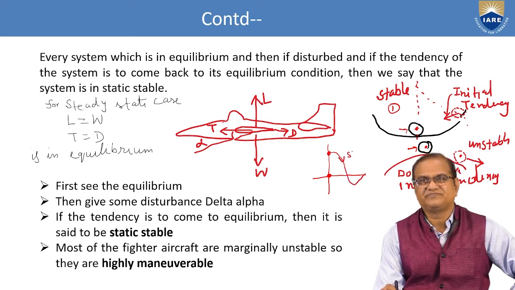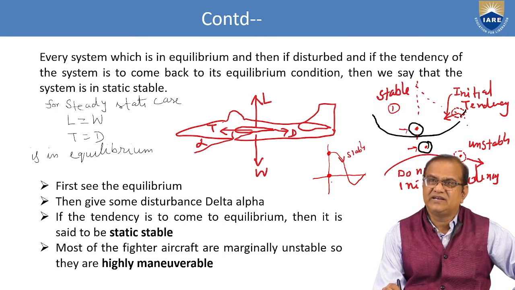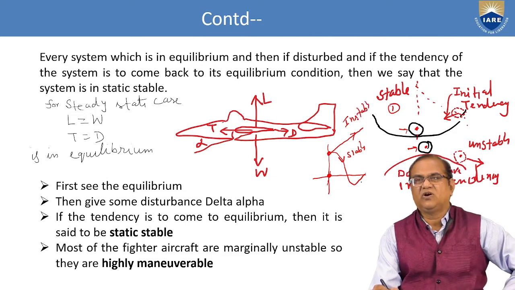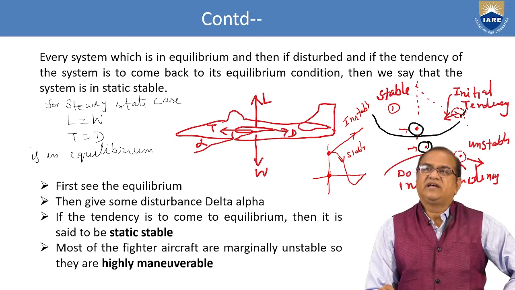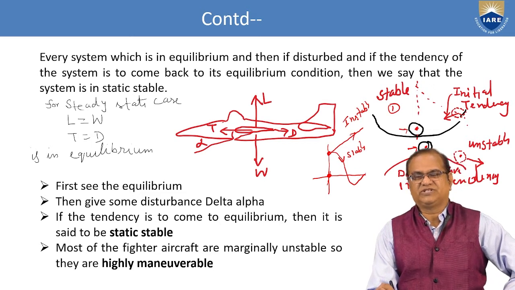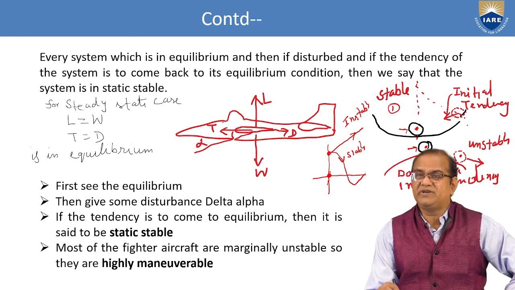This is stable. But if I push it from here to here and it starts going like this, this is unstable. This case does not come to its equilibrium position. It will go away from equilibrium.